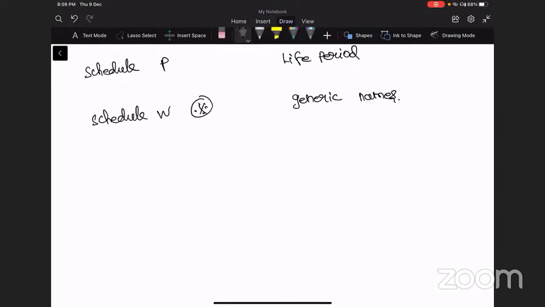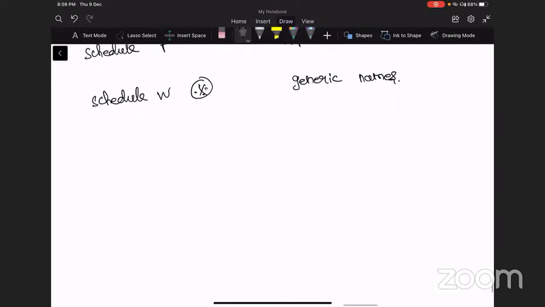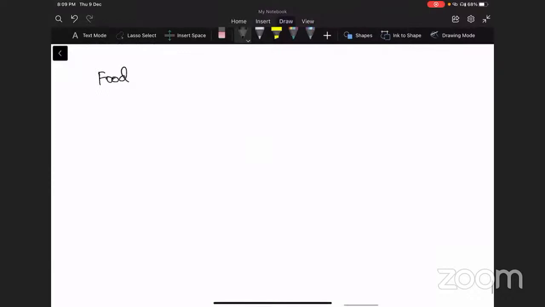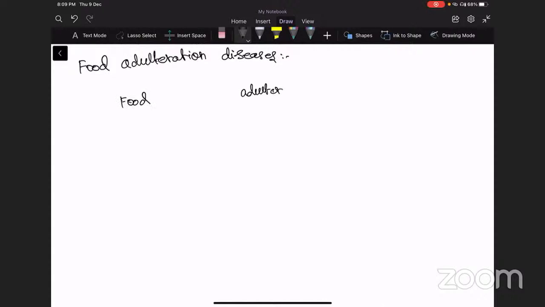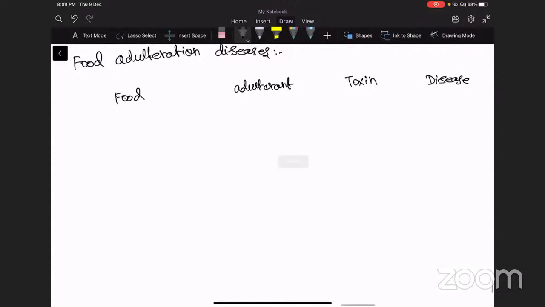Next, we move on to some food adulteration diseases, and this also has been asked in the exam. Food: what is the adulterant, what is the toxin, and what is the disease that it causes.